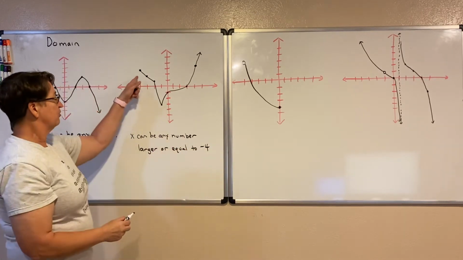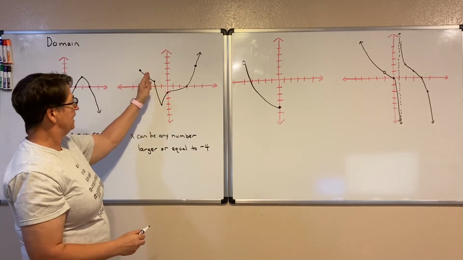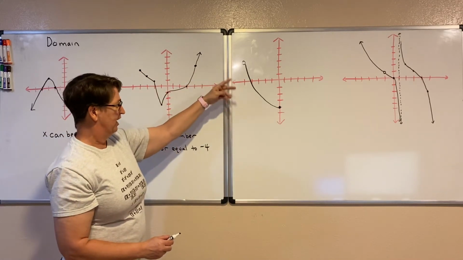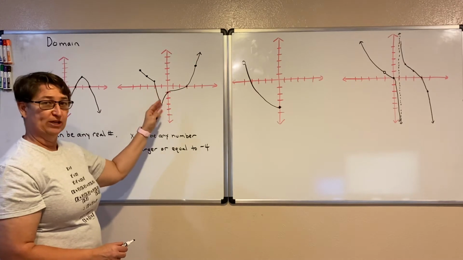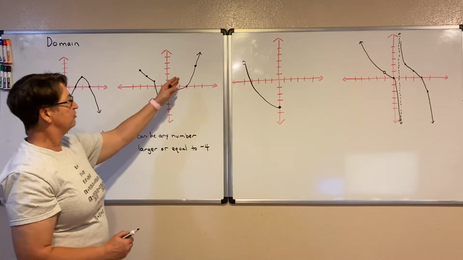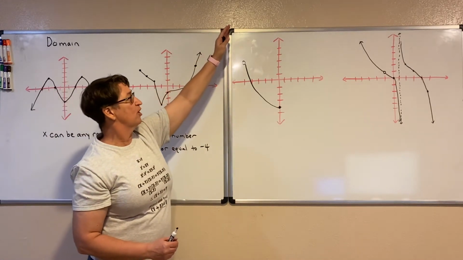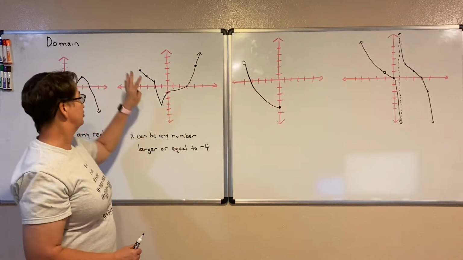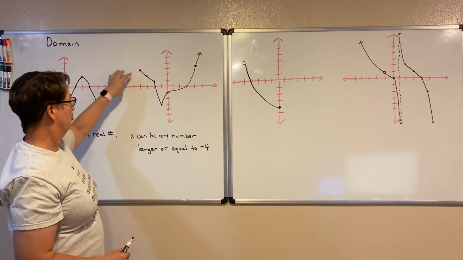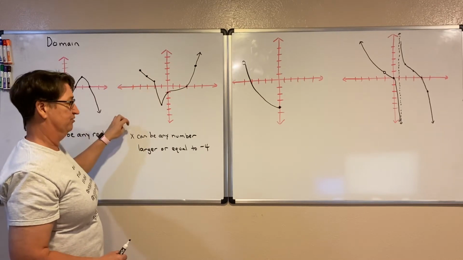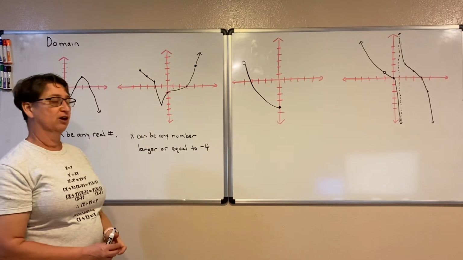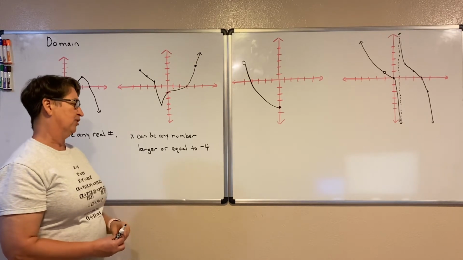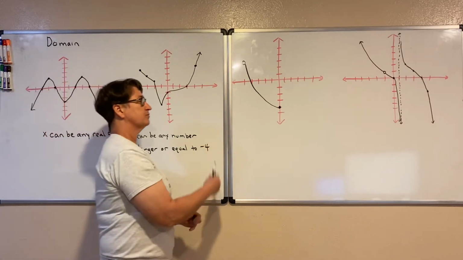It can be equal to -4 or it can be any number bigger than -4 and there's going to be a point on my graph. And you can see with that arrow going on and on forever that it continues bigger and bigger. It's just that there's no graph or no outputs on this side. So it is restricted to being larger than or equal to -4.